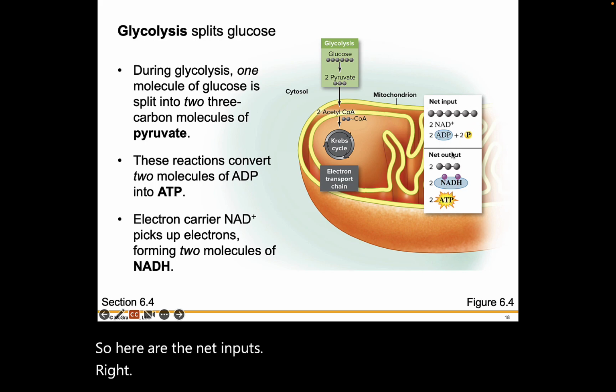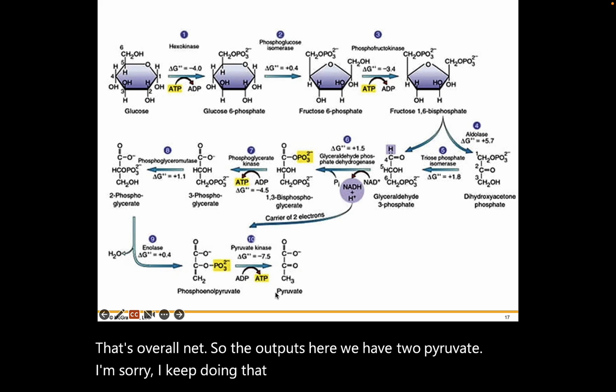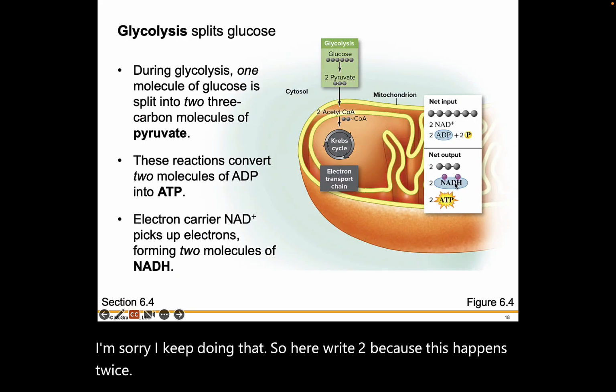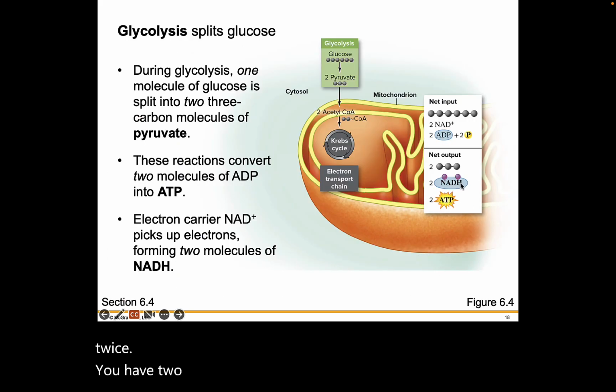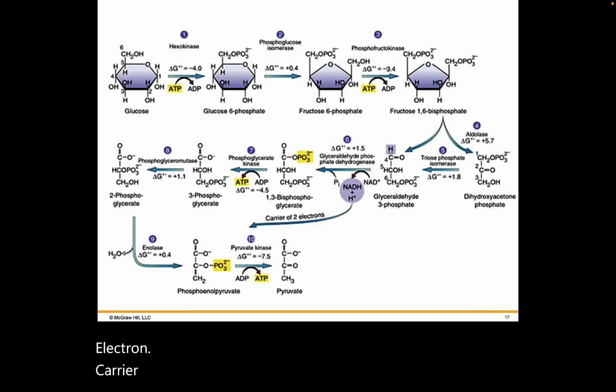That's overall net. So the outputs here, we have 2 pyruvate. So here, right, 2, because this happens twice. You have 2 NADH molecules. This is your electron carrier or energy carrier, right?